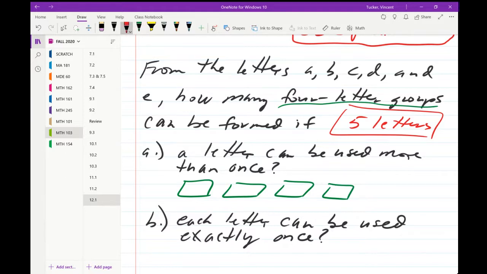So if each letter can be used more than once, that means I have 5 choices in each box. That means it's possible for all of them to be A if I wanted, and so on. So go ahead and multiply those together. That'll be 625.